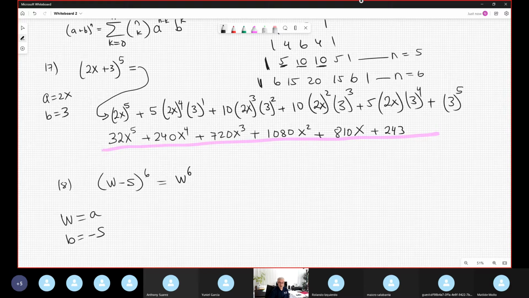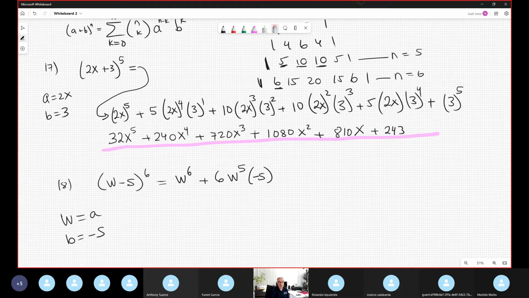Look here, 1. But it's W6, and no S. The next is plus 6. Look at that coefficient. W5 and minus S to the 1 power. Remember, the 1 is invisible because 1 plus 5 is 6, no? For a moment, leave it like that.